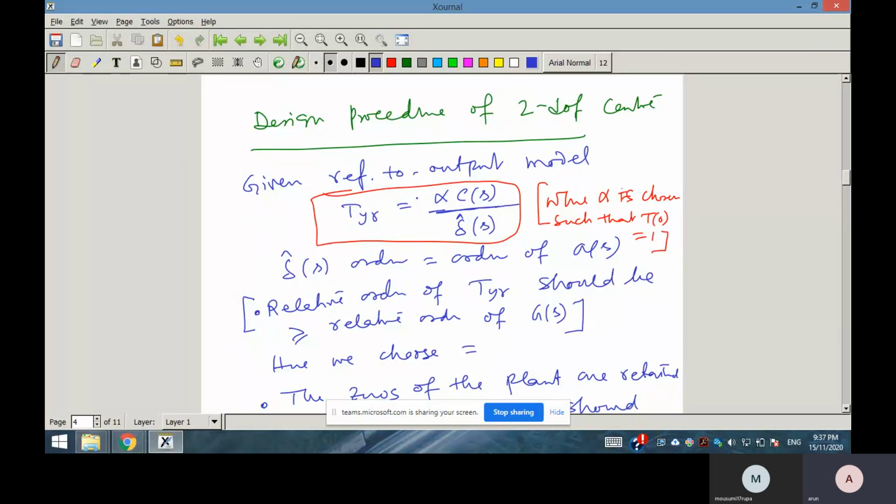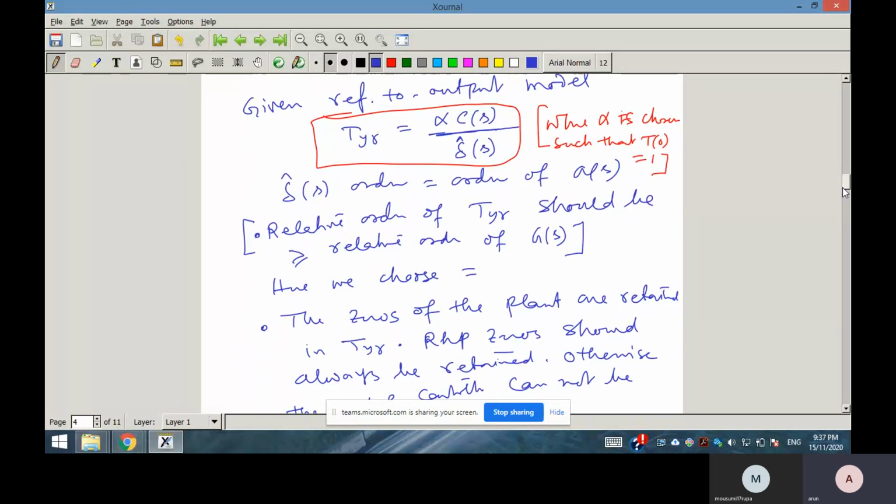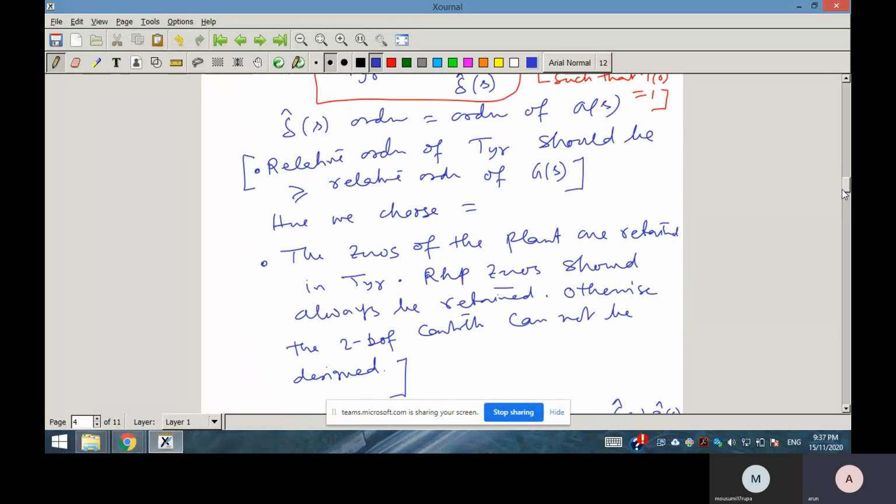Then depending on your plant relative degree and the specifications, you have to choose a desired reference input to output model, where the relative order of the model should be at least equal to the plant relative degree. Here I have chosen equal to.